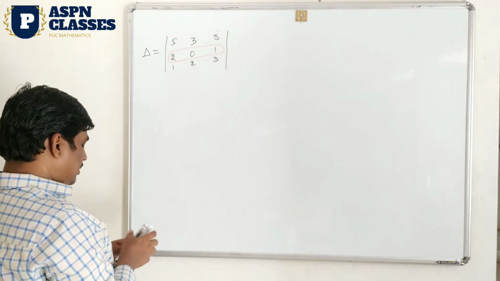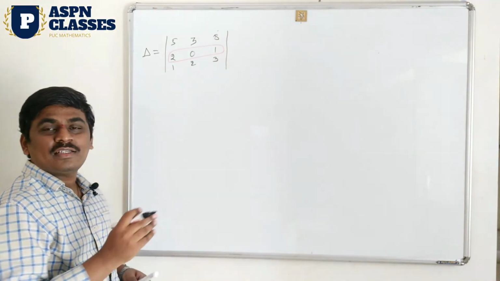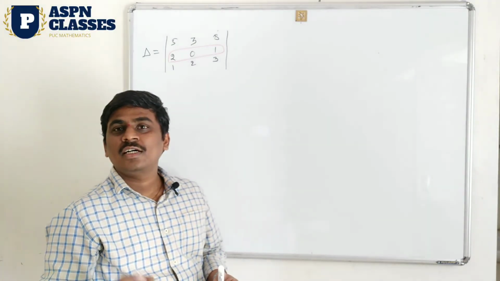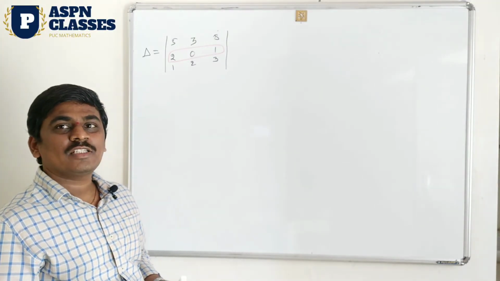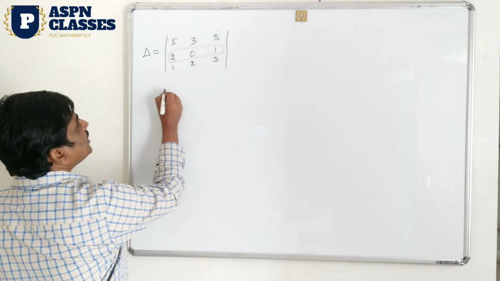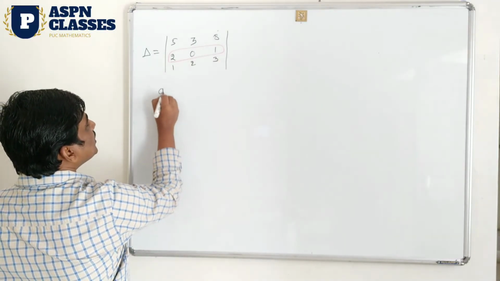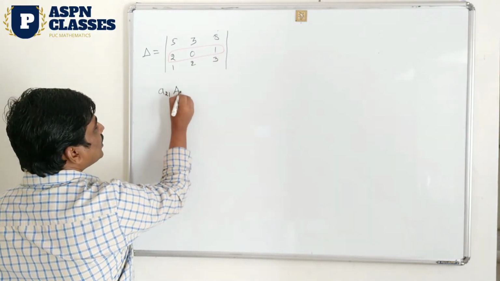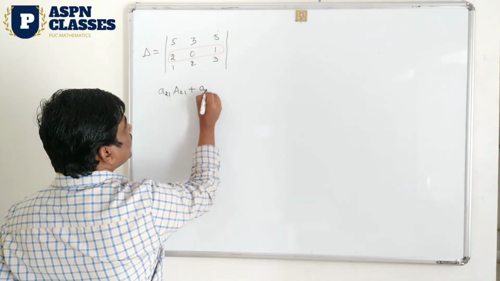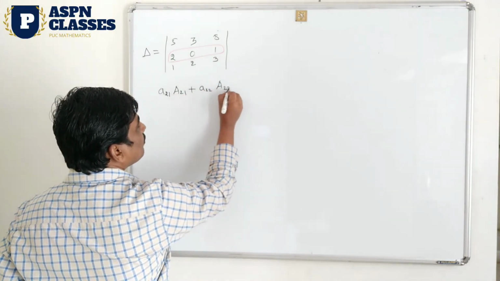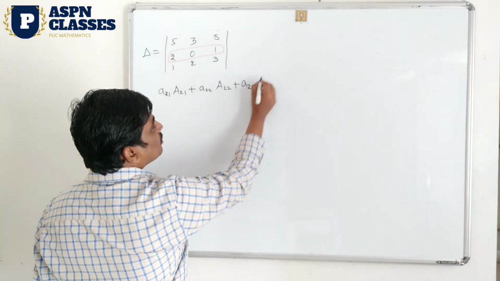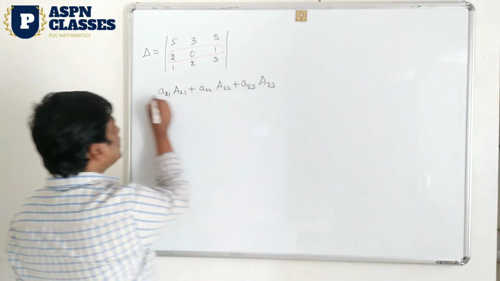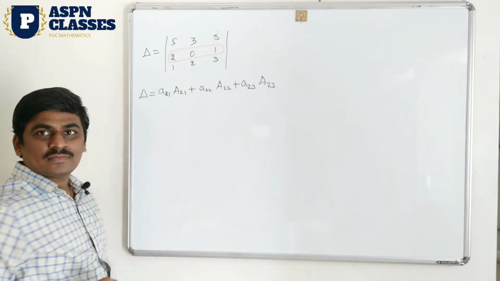The sum of the products of any row or any column with the corresponding cofactors is equal to delta. So for the second row, it is A21 cofactor of A21, plus A22 cofactor of A22, plus A23 cofactor of A23. This result is equal to delta only, correct?